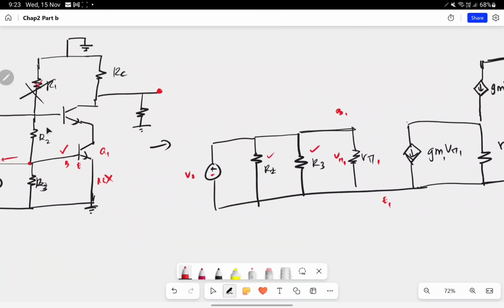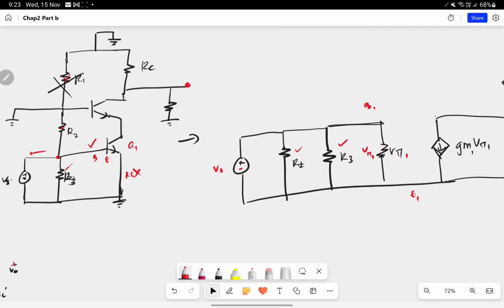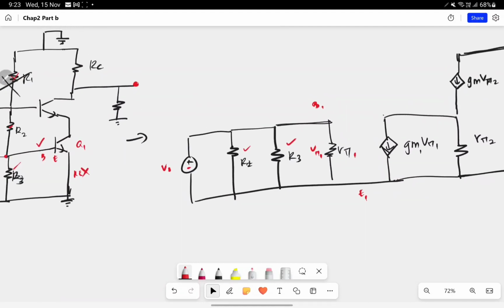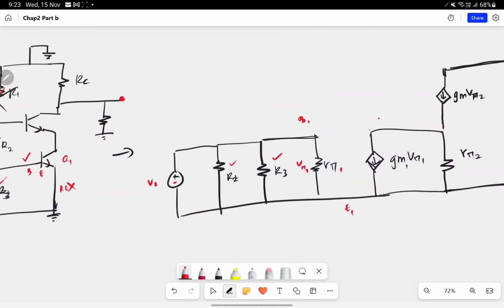Okay, now we settle the connection for the first transistor. Alright, and then we look at the leg from collector to emitter of transistor 1. This leg is connected with the emitter of transistor 2. We name it E2.